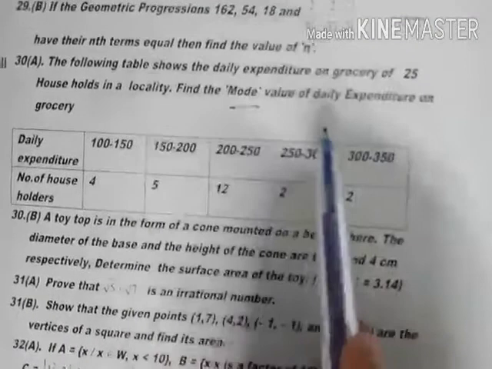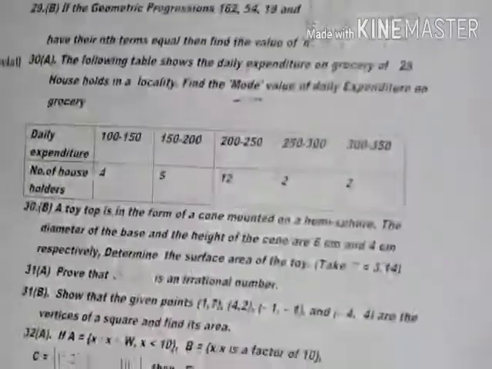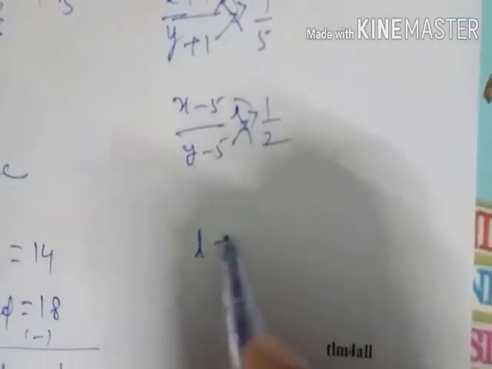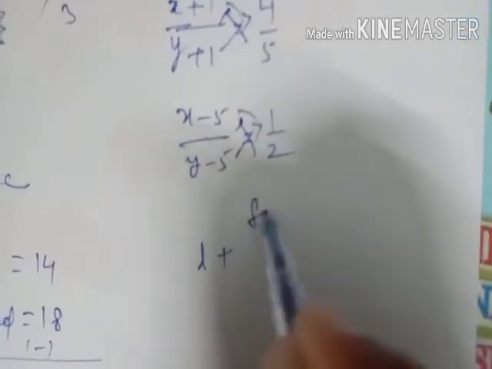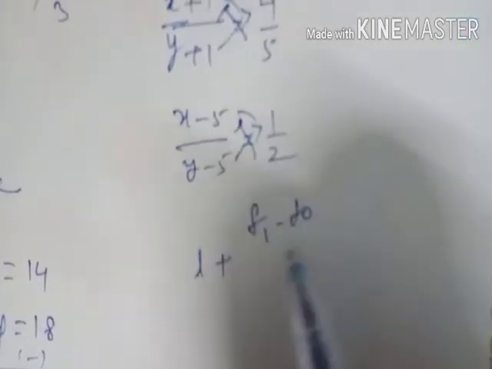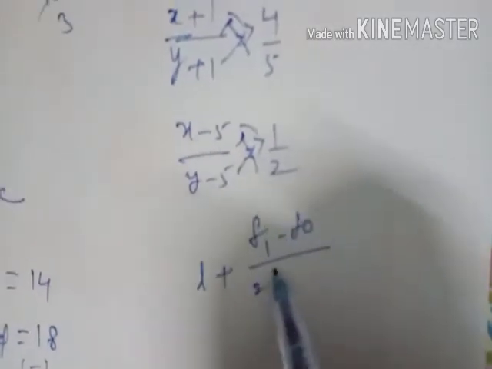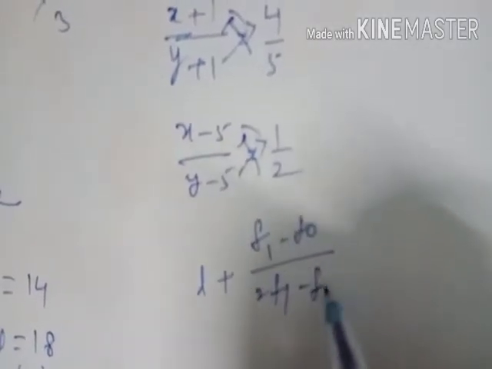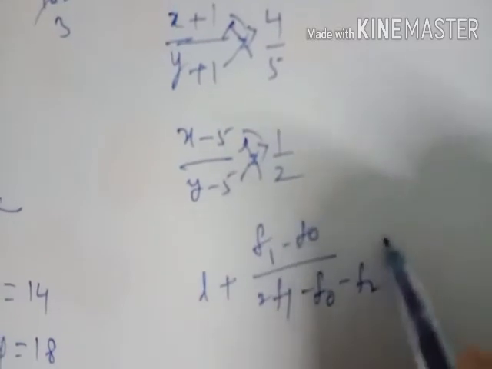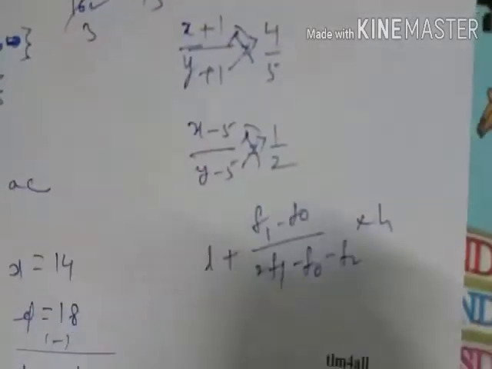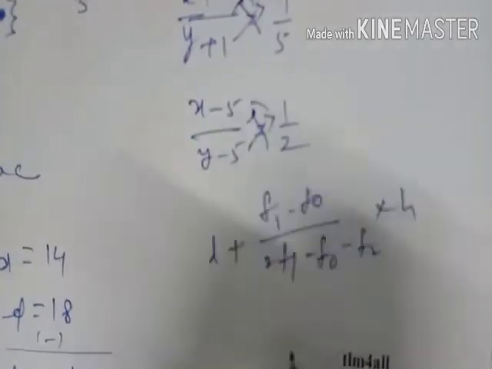Find the mode. So what is the mode formula? Mode is equal to L plus F1 minus F0 by 2 F1 minus F0 minus F2, into H. We substitute, and we will get the answer.